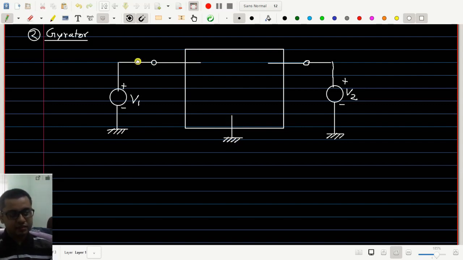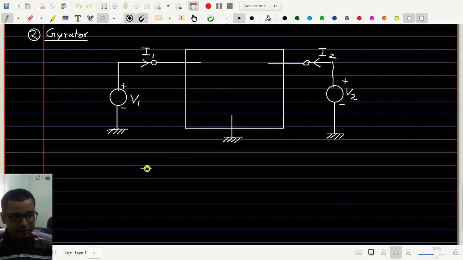And then you will get currents I1 and I2. Now I1 and I2 will definitely depend on V1 and V2. But for a gyrator, the relationship between these currents and voltages is something funny.